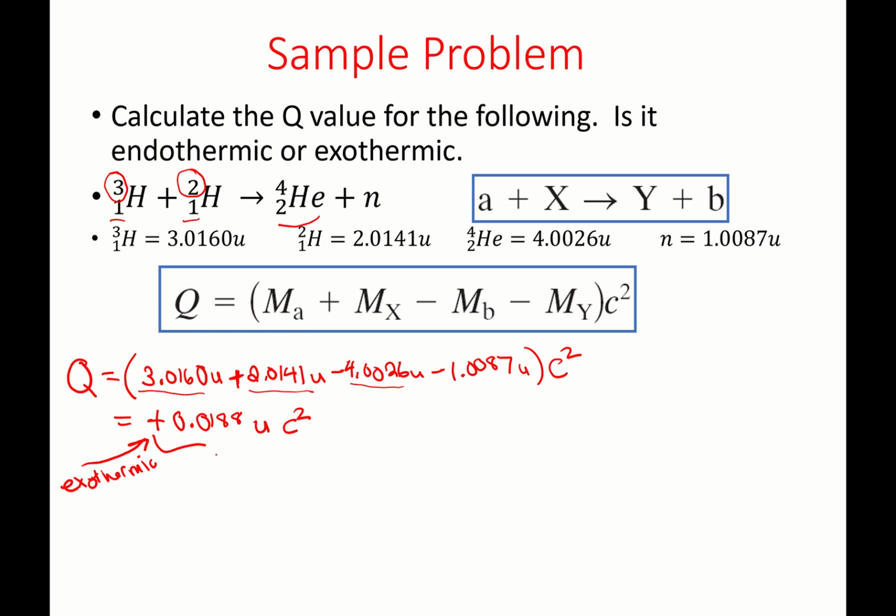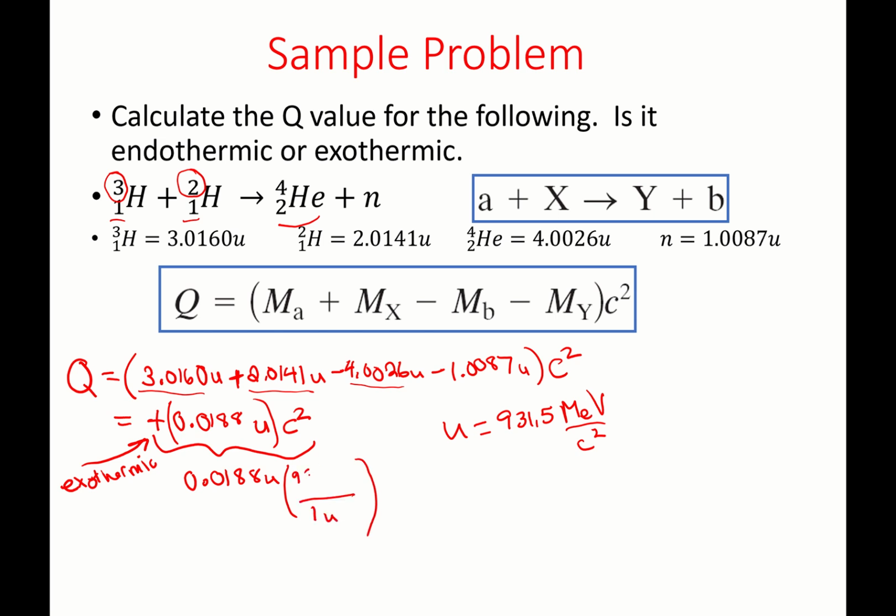How do I turn this into something that looks like an energy? Well, we're going to do the same thing that we did when we calculated binding energy. We're going to use that 1 U is 931.5 MeV per c squared. So I'm going to do 0.0188 U times 1 U is 931.5 MeV per c squared. And I'm going to multiply by c squared.